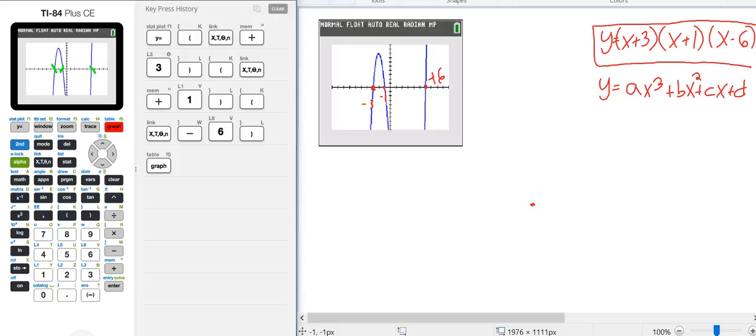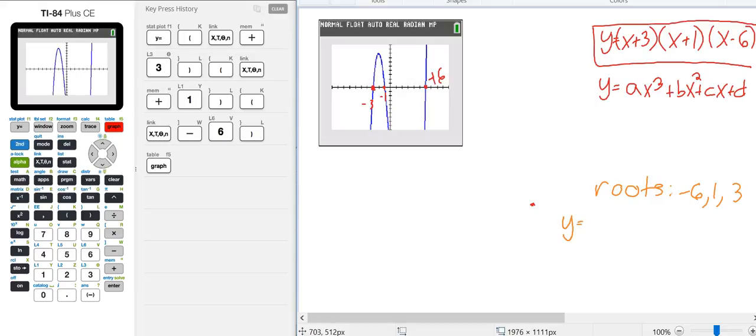So that's how you would write the equation of a polynomial if you're given its graph or if you're given its roots. If you are just given the roots of a polynomial, let's say you're told the roots of a cubic polynomial are negative 6, positive 1, and positive 3, it's very easy to write an equation for this polynomial in factored form. You generally won't even have to simplify it.